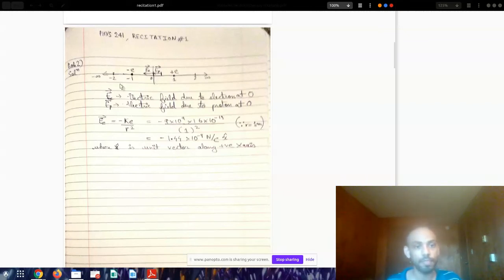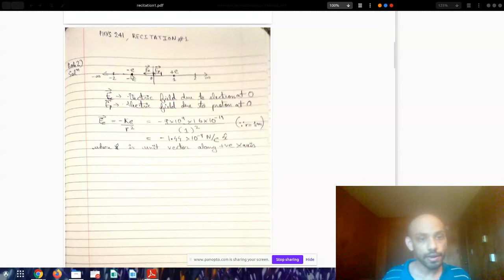So if you denote the electric field due to the electron as E subscript E, and the electric field due to the proton as E subscript P, notice that because the electron has a negative charge, its nature is attractive, so all the field lines will be pointing inwards toward the electron.